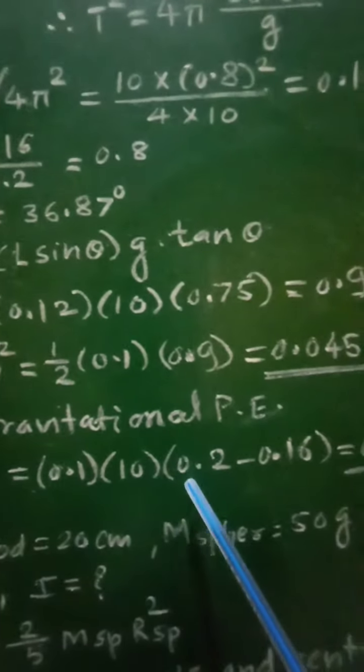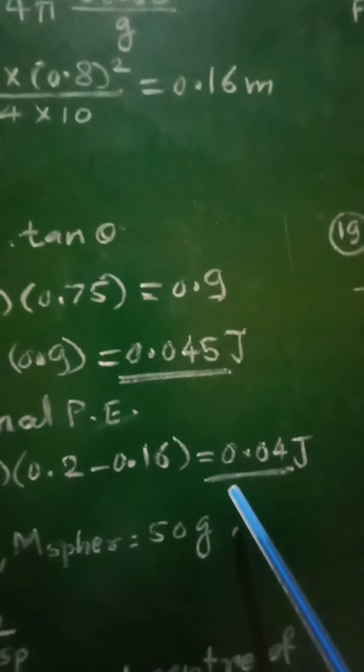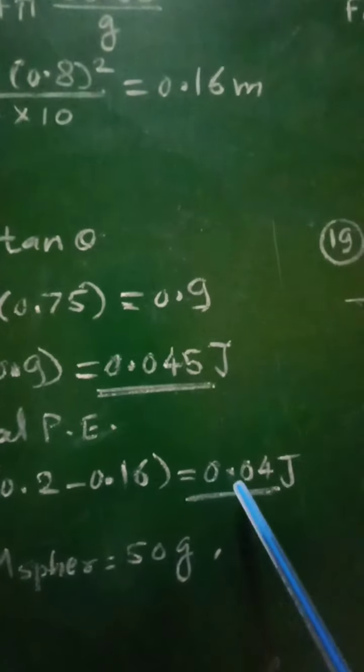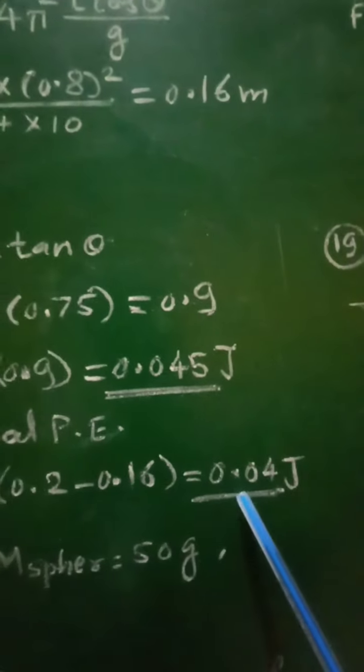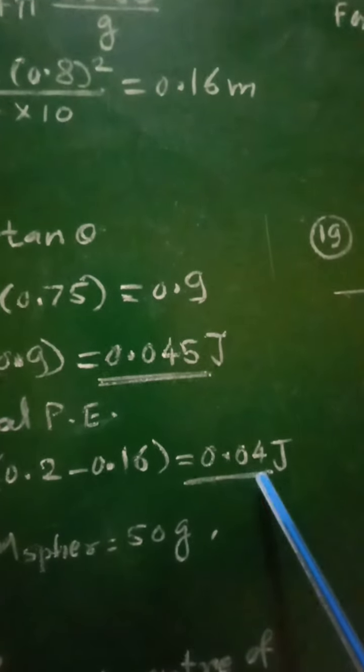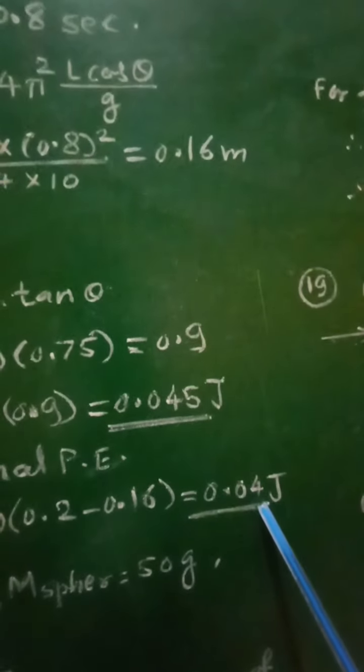After calculating, it comes out to be 0.04 joule. So this will be the increase in gravitational potential energy of that conical pendulum, that is 0.04 joule.